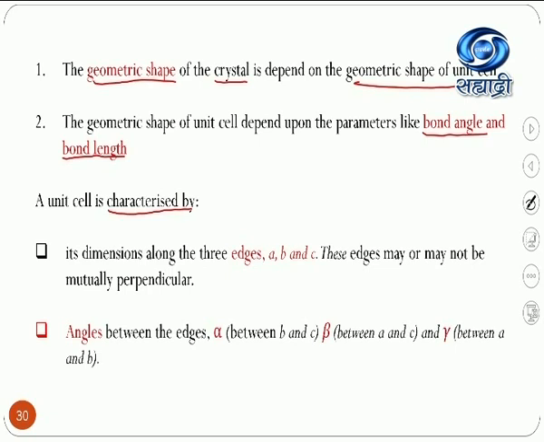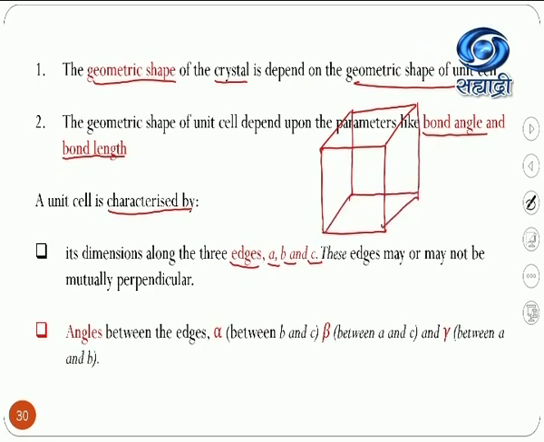A dimension along the three edges, that is A, B and C. Suppose this is a cubic unit cell. In a cubic unit cell, it has a depth, width and height. Now these are A, B and C. These are the edges, while the bond angles are alpha, beta and gamma.